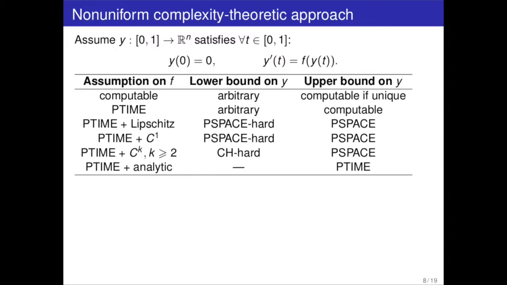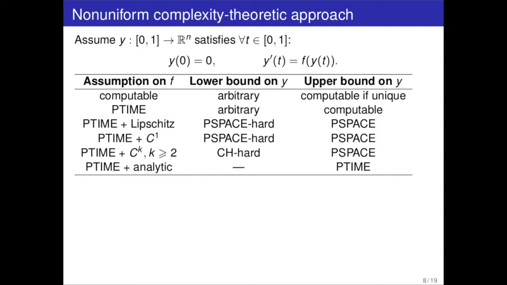And finally, if you really assume a lot on f, like P-time plus analytic, then finally there's a P-time algorithm to do it. So you really need special f for y to be easy to compute, at least in theory. But on the other hand, polynomials are analytic.